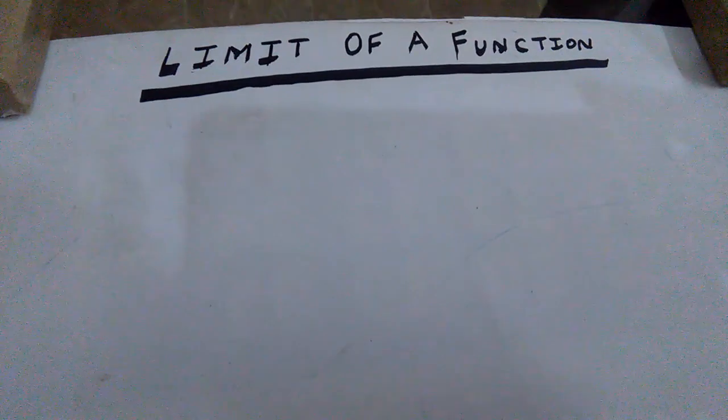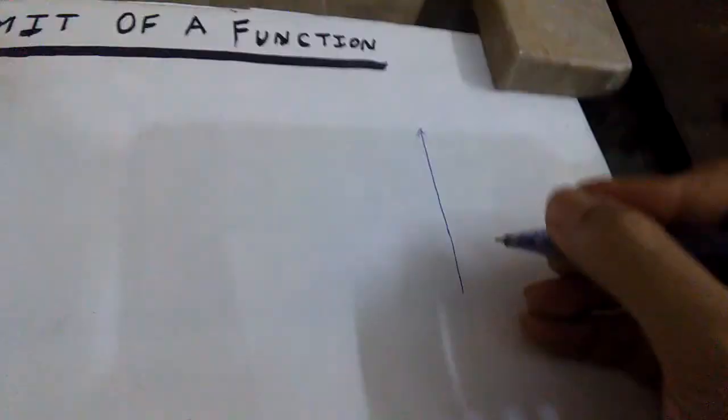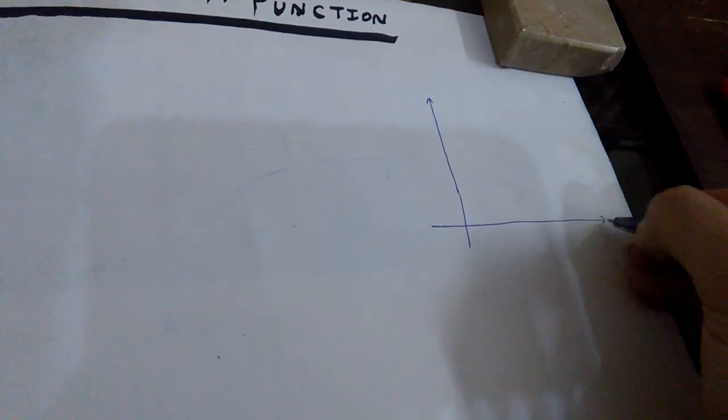For that purpose, I would like to draw here a rough figure, or take the help of a rough geometry of any anonymous function. I can take any function I want. It could be a curve, it could be a straight line, whatever it is, I just take it.